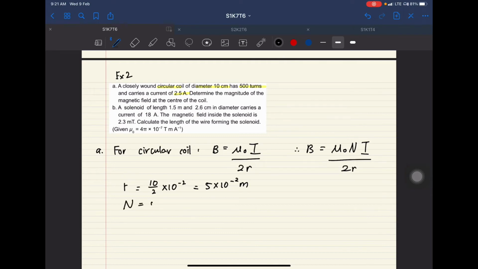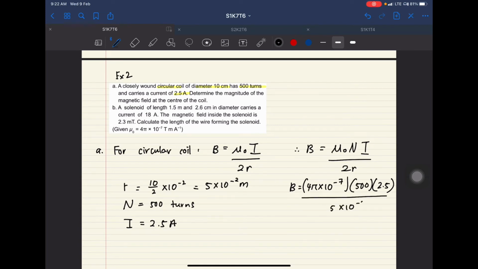So n turns is equal to 500, I is equal to 2.5. Then you can substitute all the values inside the formula. So B equals 4 pi times 10 negative 7, number of turns are 500, current is 2.5, and the radius is 5 times 10 negative 2.